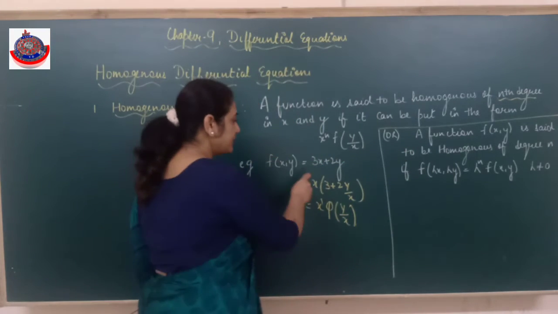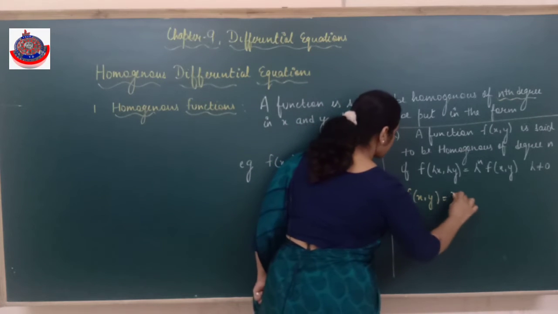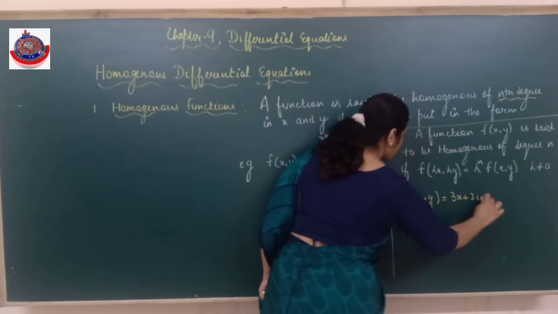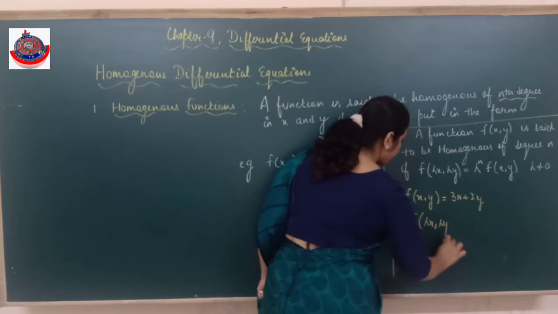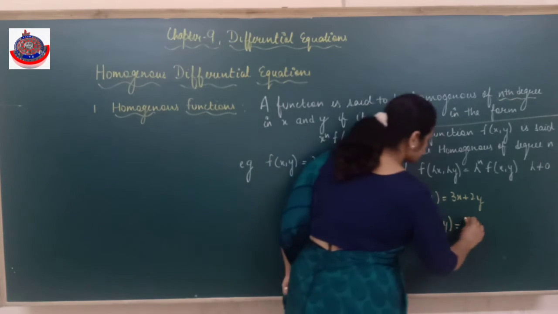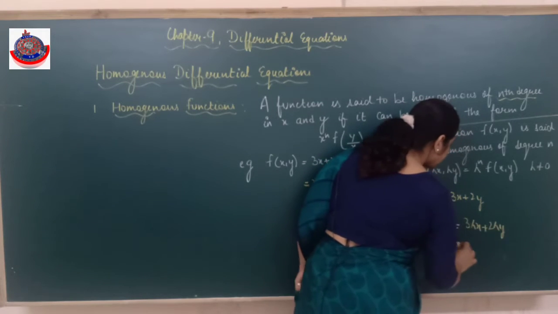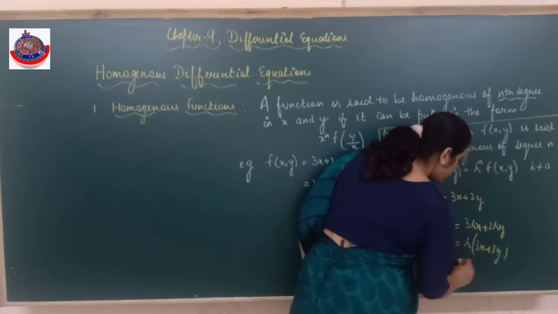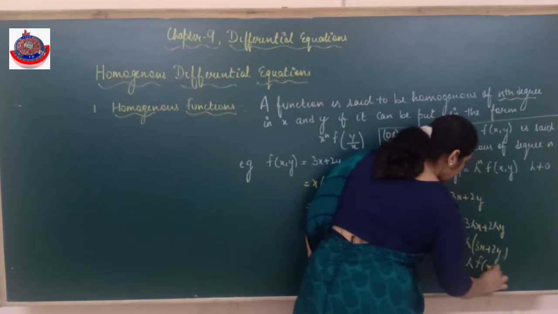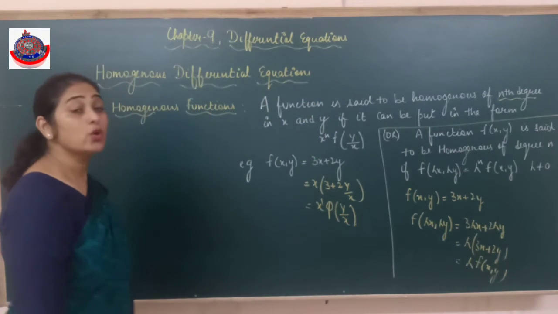For example, take this function, replace x by lambda x and y by lambda y, and I take lambda common. If the function comes in this form, then also it is said to be a homogeneous function.